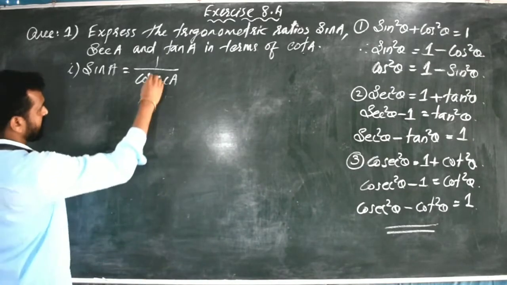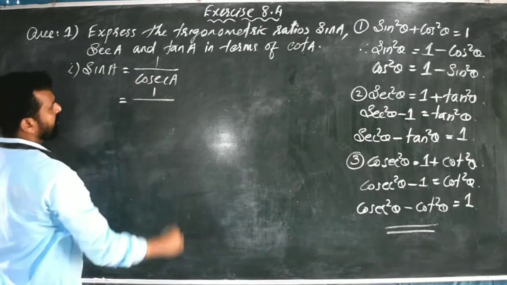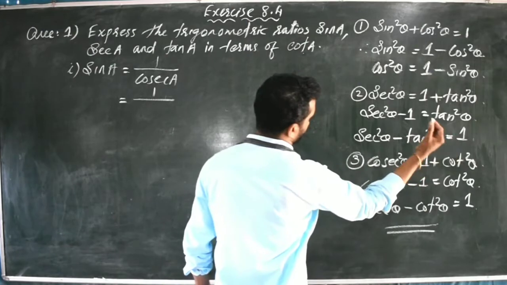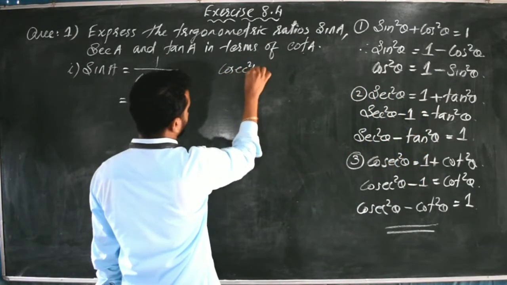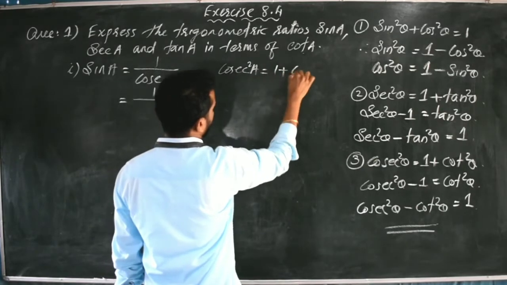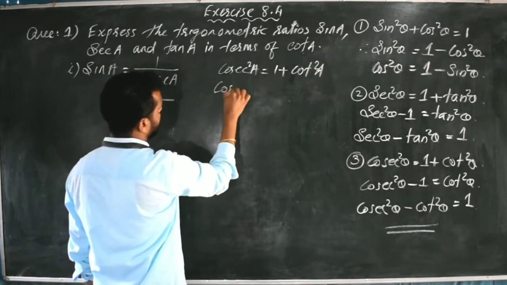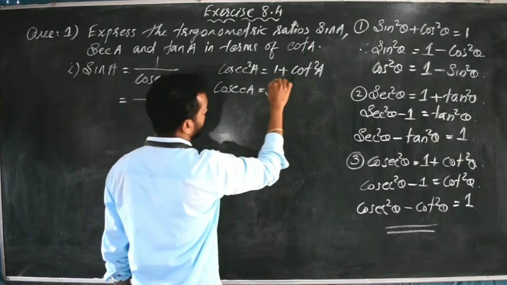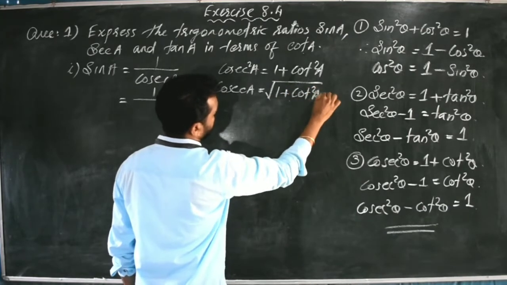So sin A is equal to 1 divided by cosec A. Here there is a formula, cosec square theta is equal to 1 plus cot square theta. Cosec square A is equal to, we can write, 1 plus cot square A. Then cosec A is equal to, square transposing to the next side, it will become square root of 1 plus cot square A.